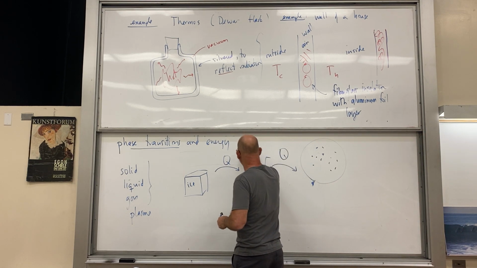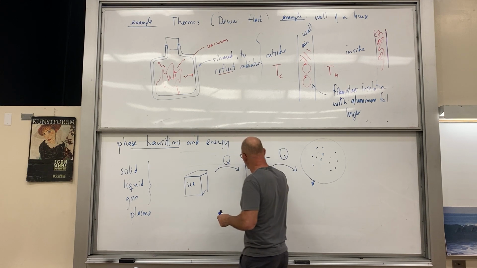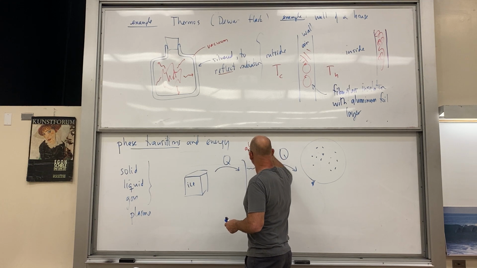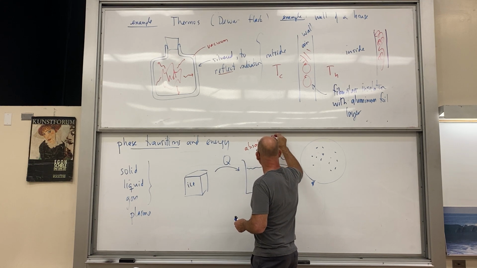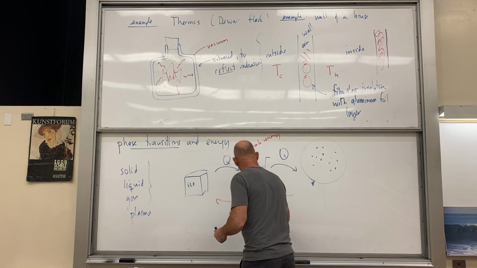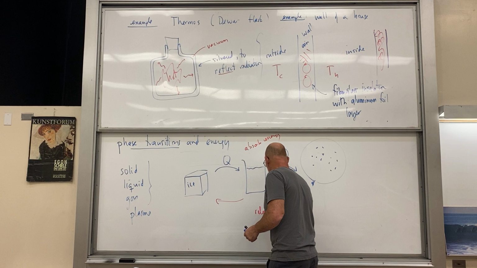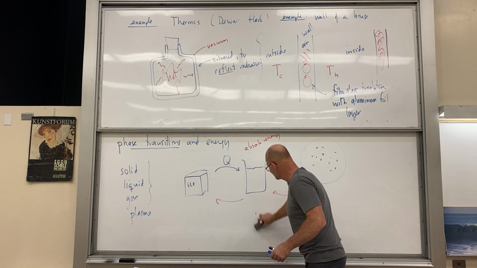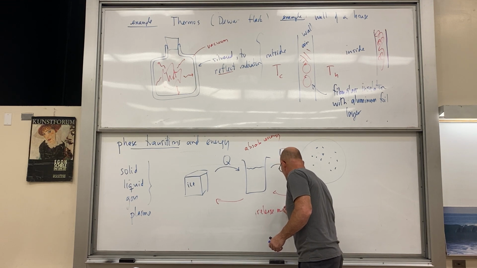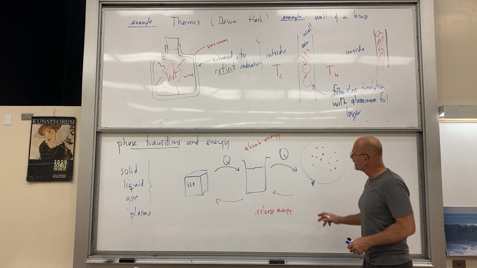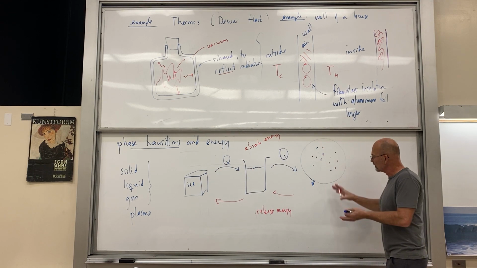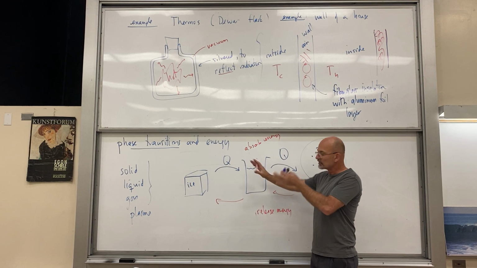So up here, energy is absorbed, and down here, energy would be released. Absorb energy, go from solid to liquid to gas, and you go from gas to liquid to solid, you're releasing energy.